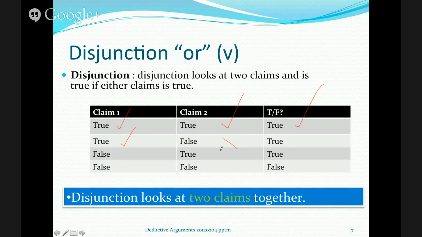Dr. K is the governor of Hokkaido. False. Still true. Dr. K is the governor of Hokkaido. False. And it is snowing outside. True. That would mean true. If both are false, again, this is false. So again, disjunction looks at two claims that are together.